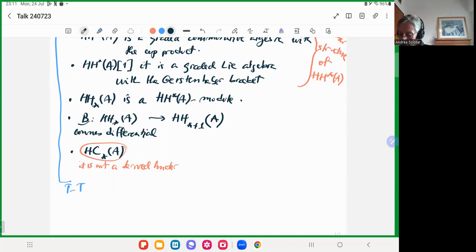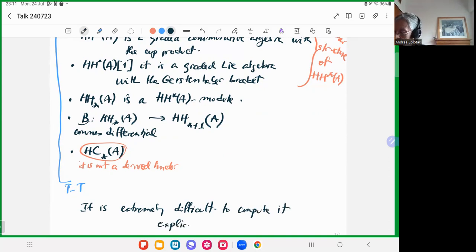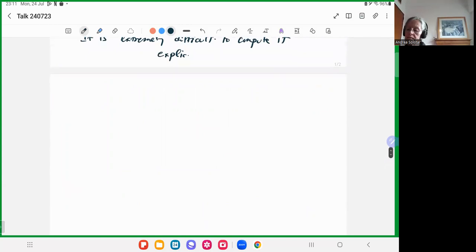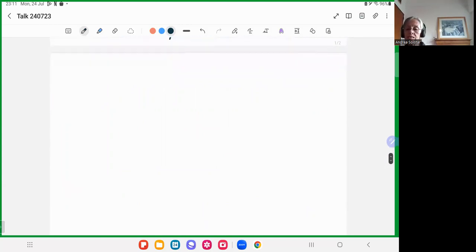So it is extremely difficult to compute it explicitly. Okay, so if we find a family of algebras which is interesting in itself, and for which it is possible to compute all this, we will be happy because we would have examples.